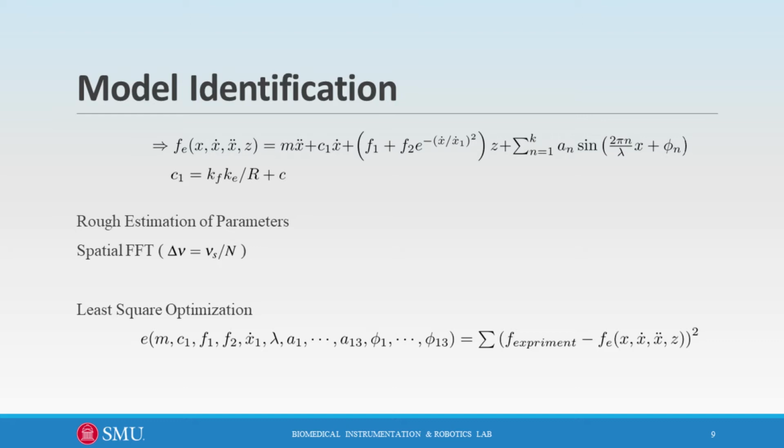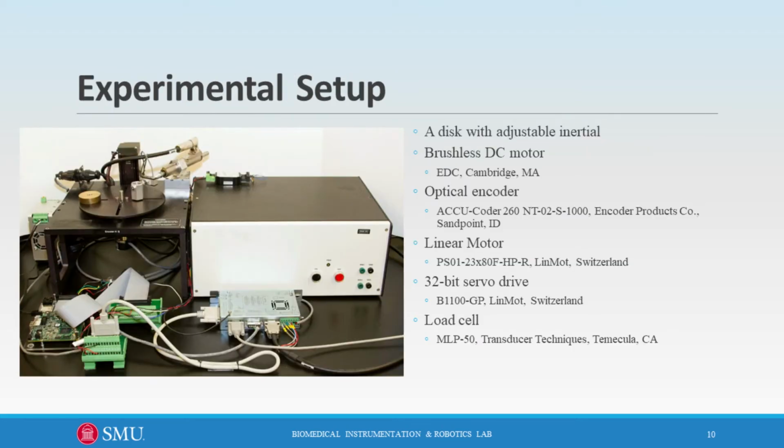So for the experimental procedure, we made an experimental setup, which was a disc with adjustable inertia and a brushless DC motor with an optical encoder attached to the disc shaft, and a linear motor which is attached to the disc by a hinge mechanism, and another revolute joint attaching the PMLM to the structure or the frame.